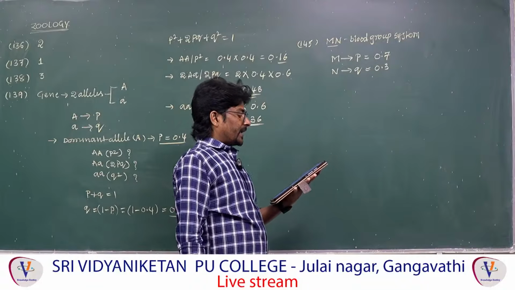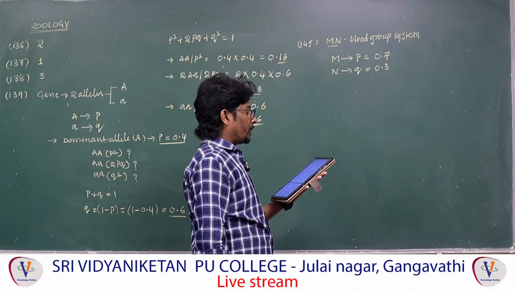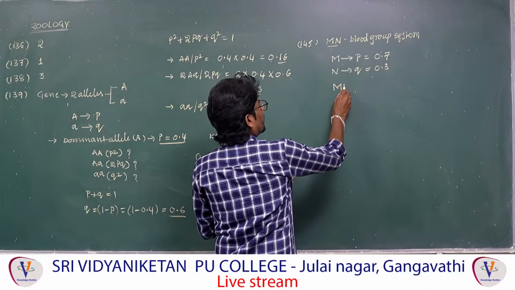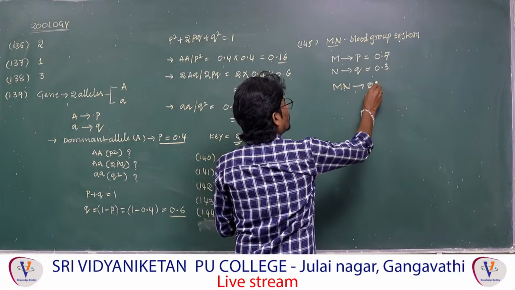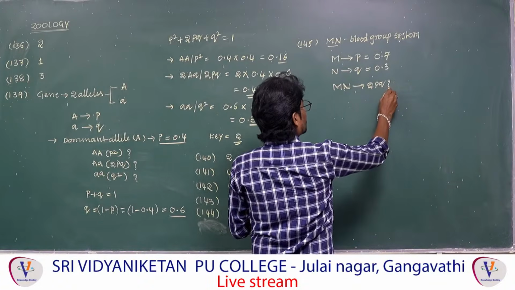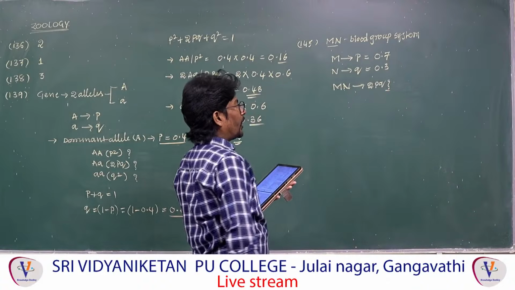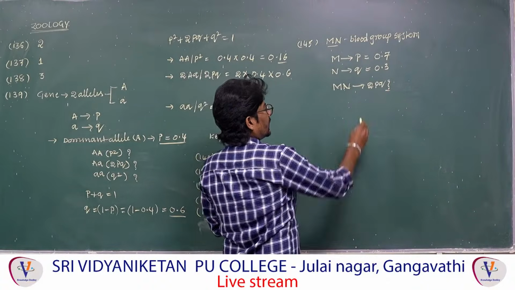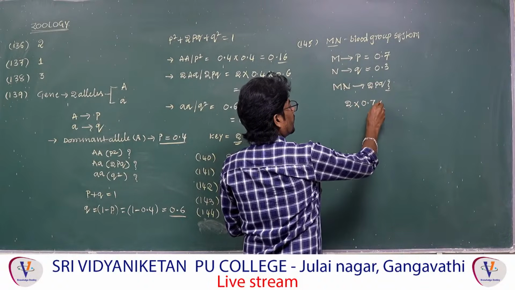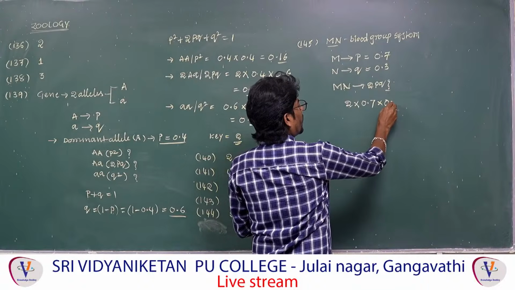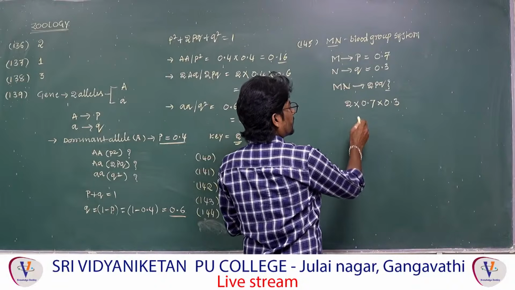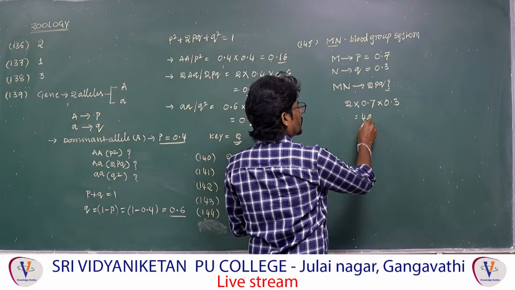The expected frequency of MN blood group bearing organisms, we have to find out MN. MN means what? 2pq, the heterozygous genotype, we have to find out. So what comes here? 2 into p value 0.7 into q value 0.3. 7 threes are 21, 21 twos are 42.